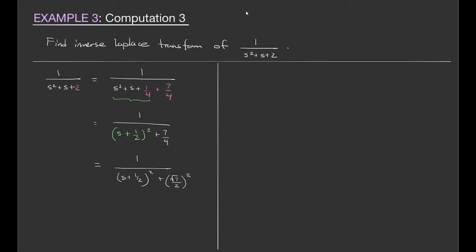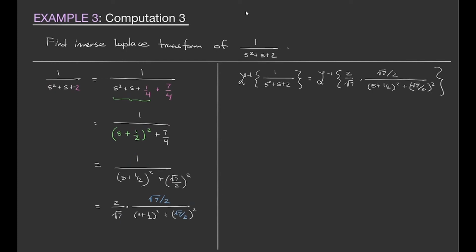The reason we've written it this way is to fit a form in the Laplace transform table, where we want something squared plus something squared. Notice here, what I've done is I've multiplied and divided by square root of 7 divided by 2. If you multiply 2 divided by square root of 7 times square root of 7 divided by 2, what you will get is 1, and 1 is what we had here.